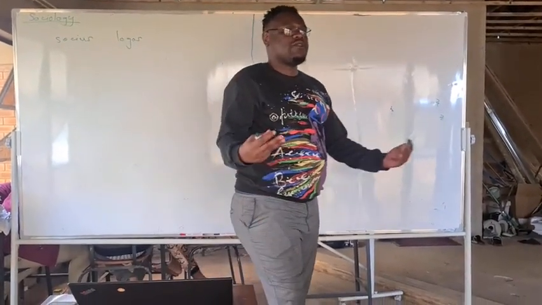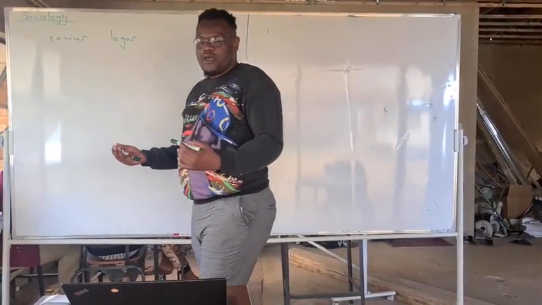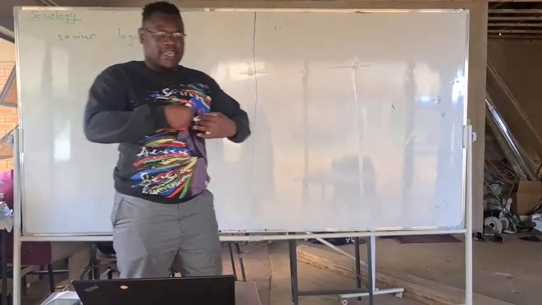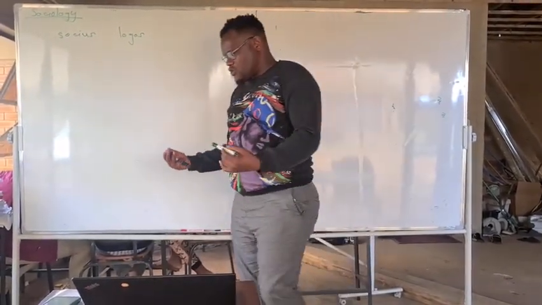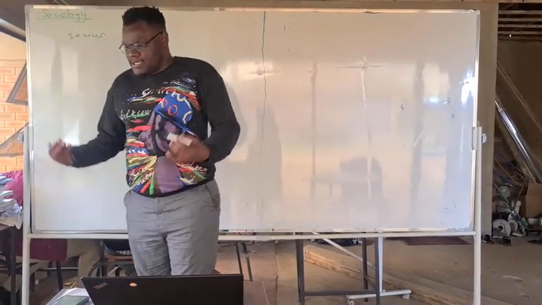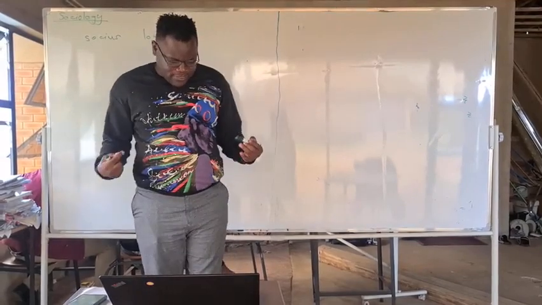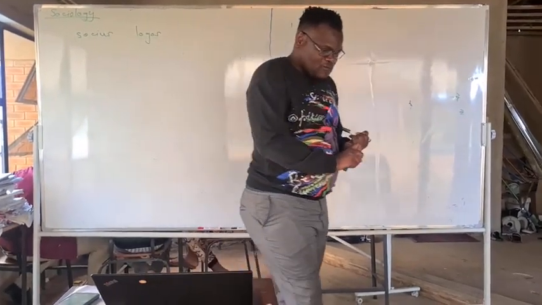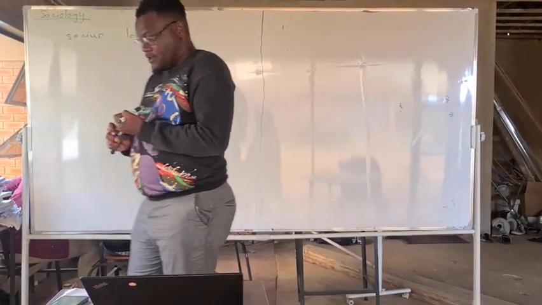So sociology can be dealt with at a personal level, at a societal level, or at a global level. Sociology is seen as dealing with the individual, number one, and the society he or she lives in. You get the sense?